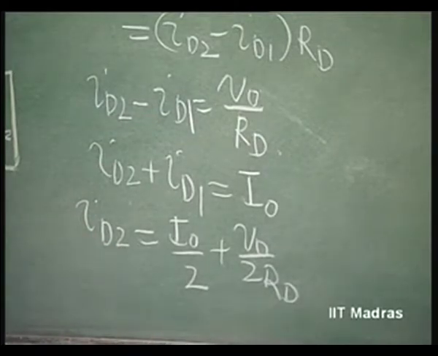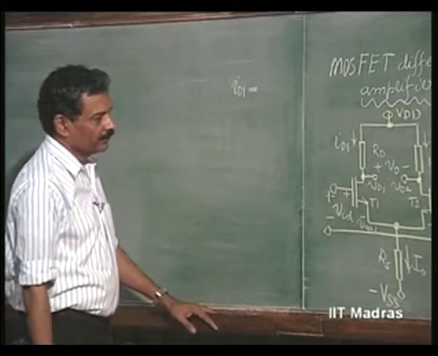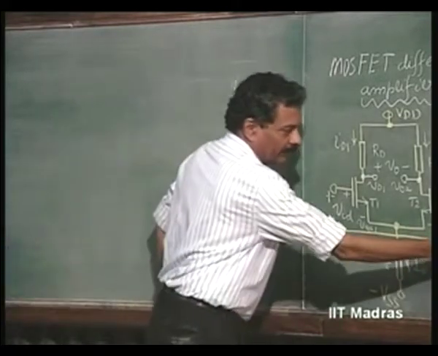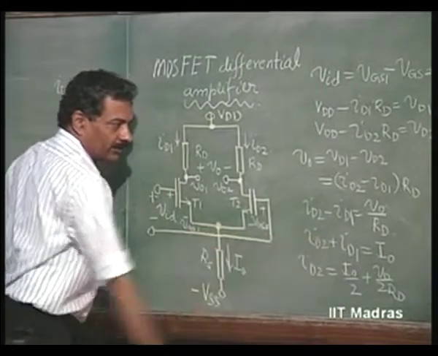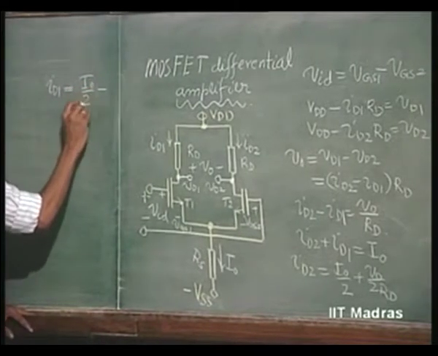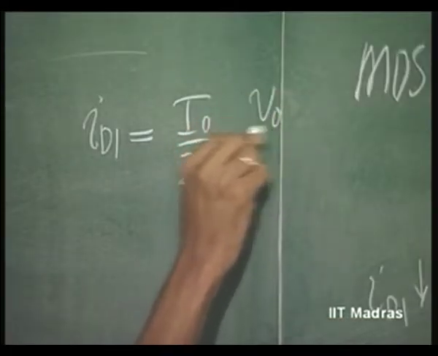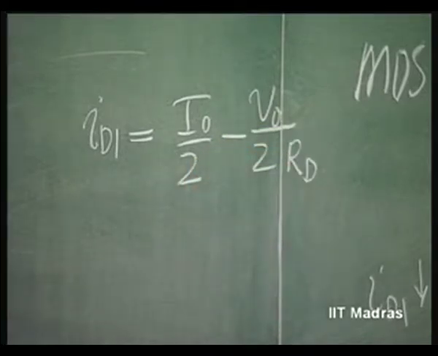And ID1 equals, subtract this from this, you get 2 ID1. So, I naught by 2 minus V naught by 2RD. So, we got ID1 and ID2 in terms of V naught and I naught.